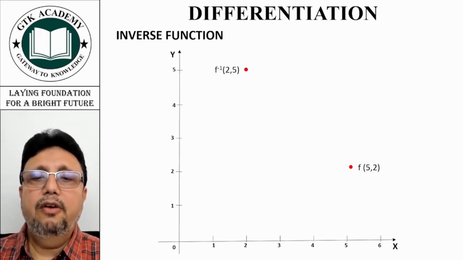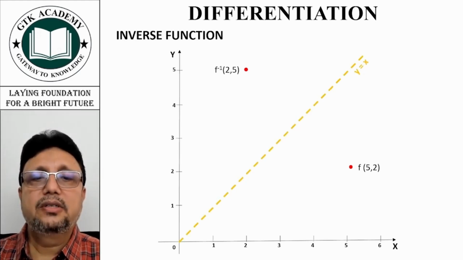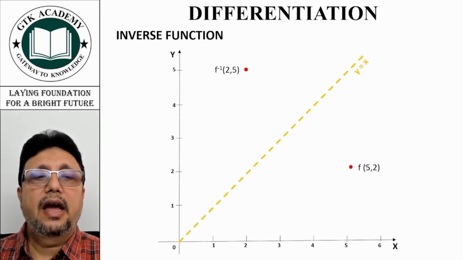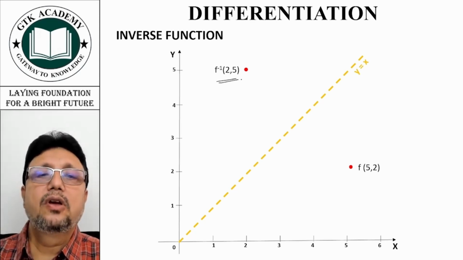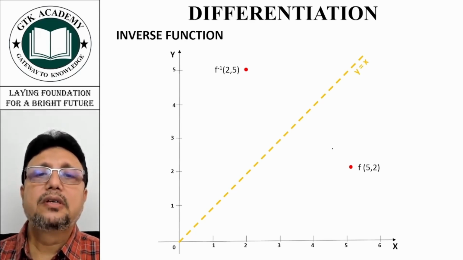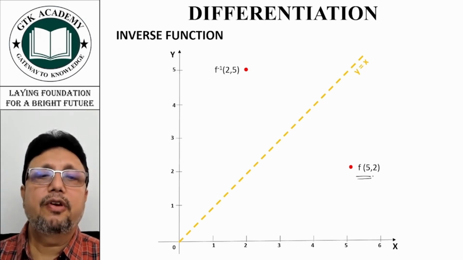So if you now draw the line y is equal to x, you can see that f is a reflection of f inverse, or f inverse is a reflection of f.